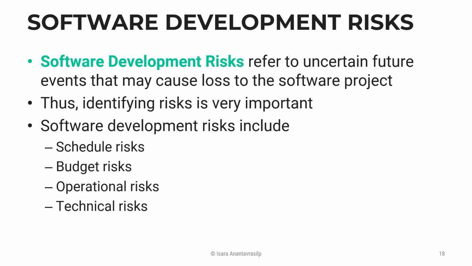You want to know beforehand what could make your project go south. Software development risks can be divided into 4 types. The first one is schedule risks, the next is budget risks, then operational risks, and the last one is technical risks.